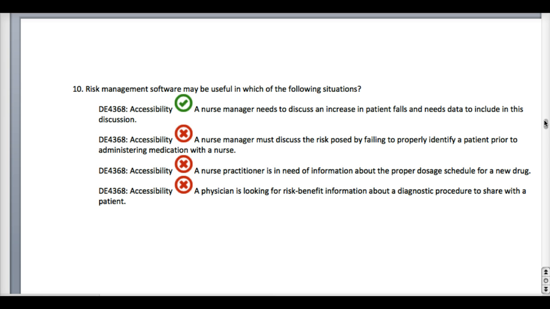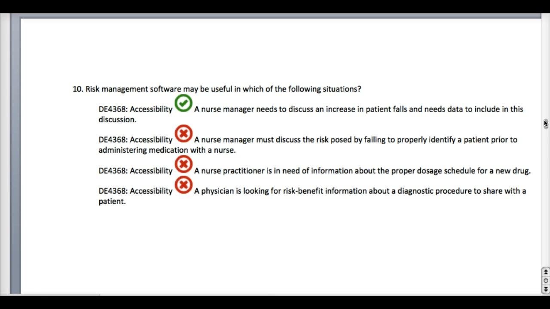Some of their features include dashboard views, regular emailing of reports, to manage policy claims, litigation. It's big picture. It's not designed to identify one patient.